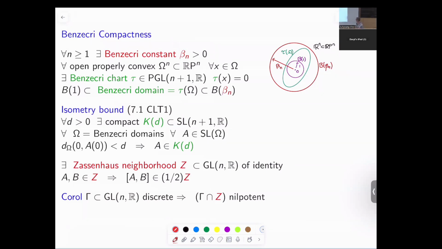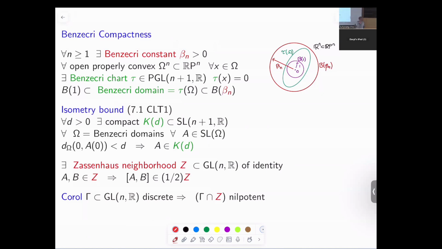And if you restrict to thinking about Benzécri domains as this compact family, then all the projective transformations of all such domains that move the origin a distance at most d is a compact subset of SL(n+1, R). And that's just compactness. Once you know this, compactness tells you this is a compact set. So domains are compact, and projective transformations that don't move a point very far are compact in this sense.